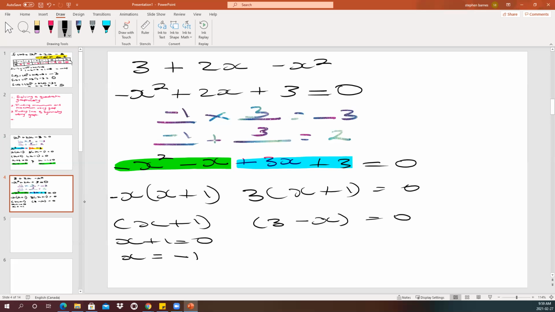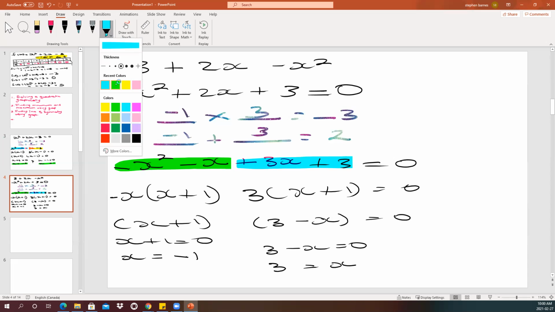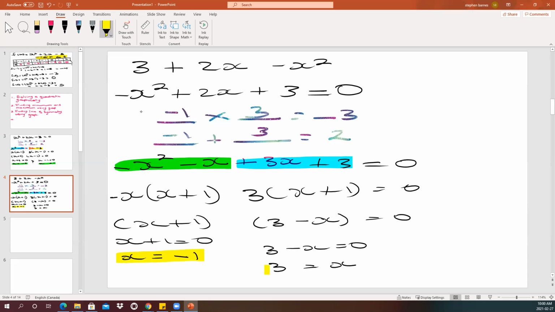And for this one, you have 3 minus x equals 0. I'm going to take the x across because it's negative and I need it to be positive. So you'd have 3 equals x. So the two answers you have here are x is equal to -1 and x is equal to 3.